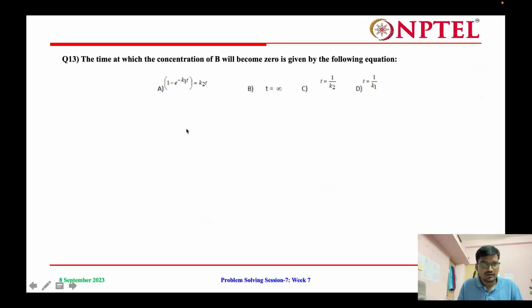Question number 13. Based on the previous statements, the time at which the concentration of B will become zero is given by the following equation. So dCB by dt equals K1 CA minus K2.